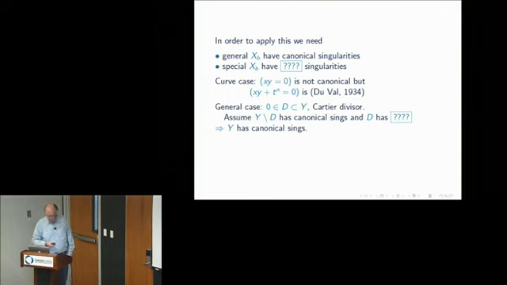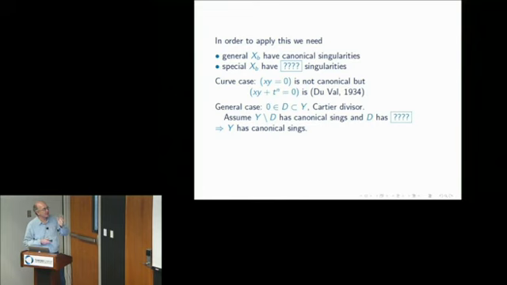And so then in higher dimensions, I would like to understand. So if you are just looking at one point of the total space, then here is the total space, and then I have this fiber that is possibly more singular. That's a Cartier divisor.